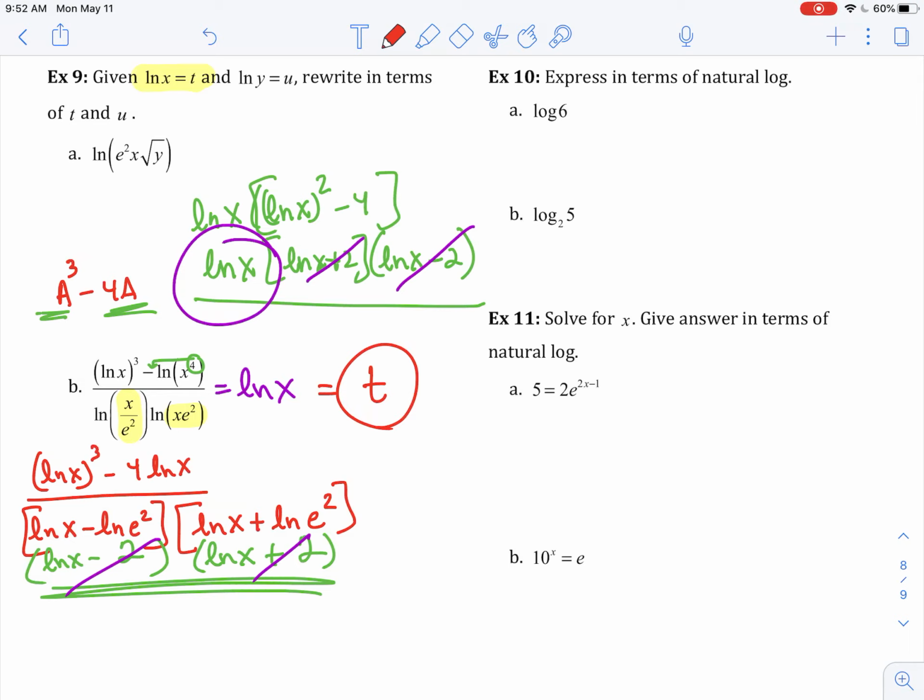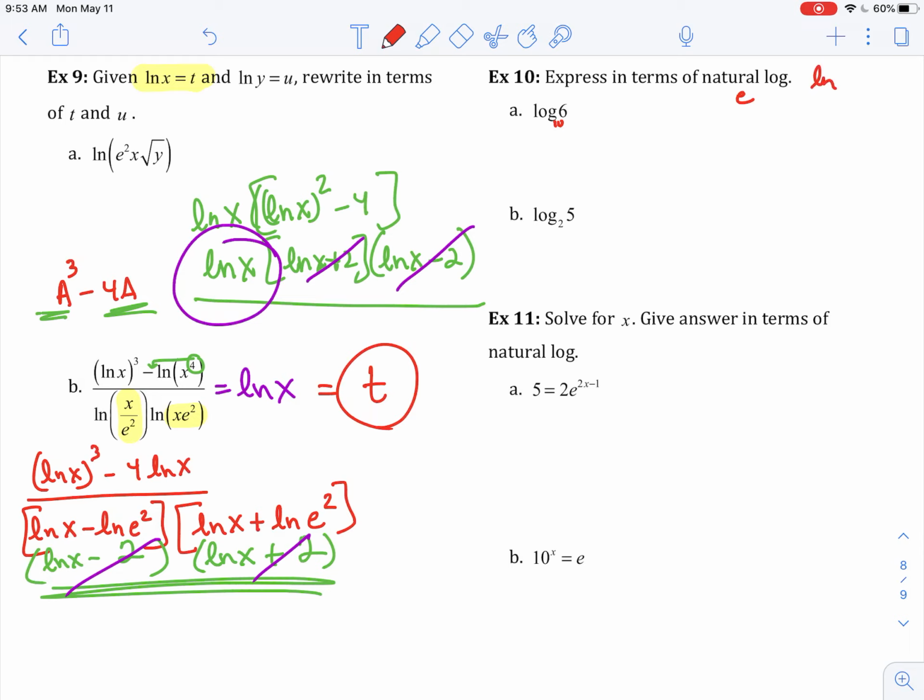On 10, we want to express those in terms of natural log, so now we're just going back to our base change. On A, keep in mind, base 10 is implied, and if we have 2 log division, that implies a base change. So I want to switch to natural log, which means base e, or ln.